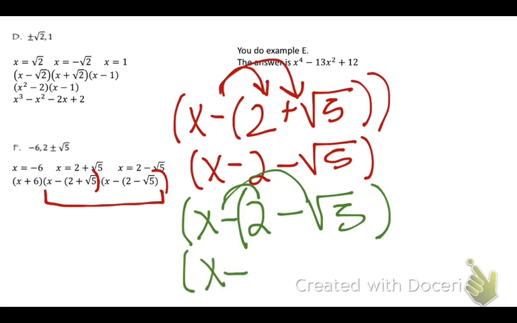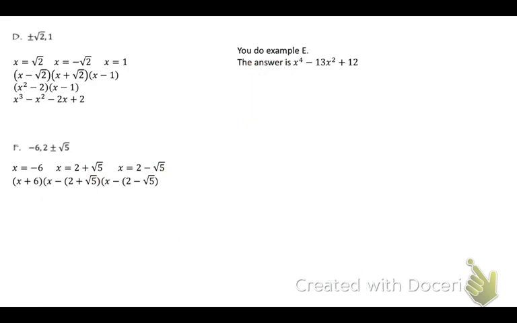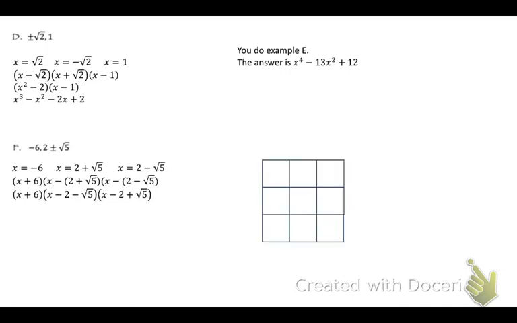So I'm going to get x minus 2 plus the square root of 5. Okay. And I'm going to show that right here. Okay, so it's x plus 6, x minus 2 minus the square root of 5, x minus 2 plus the square root of 5. Now I want to multiply the ones with the square roots first.